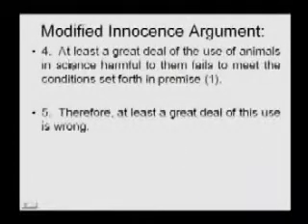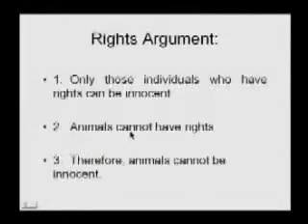Animals are innocent, therefore it is not permissible to harm them unless the conditions set forth in premise 1 are satisfied. At least a great deal of the use of animals in science harmful to them fails to meet the conditions set forth in premise 1. Therefore, at least a great deal of this use is wrong.